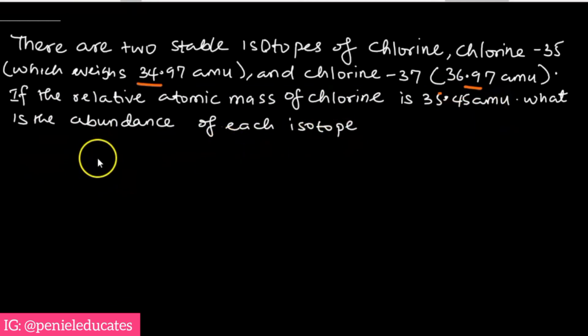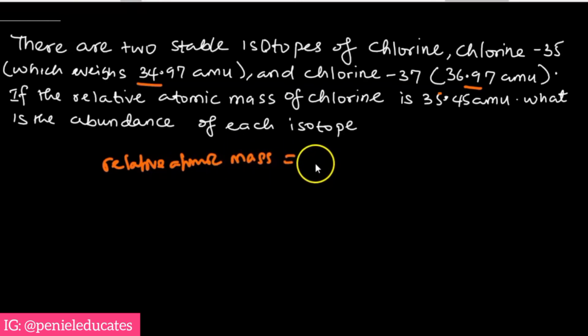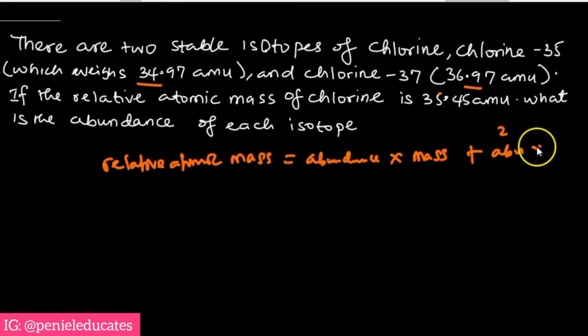Don't forget that the relative atomic mass is equal to the abundance of one multiplied by its mass, plus the abundance of the second multiplied by the mass of the second that you are given.